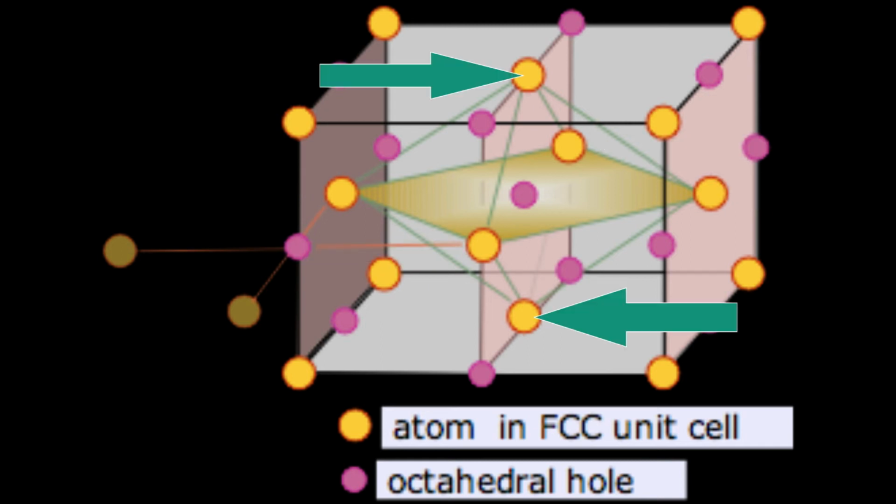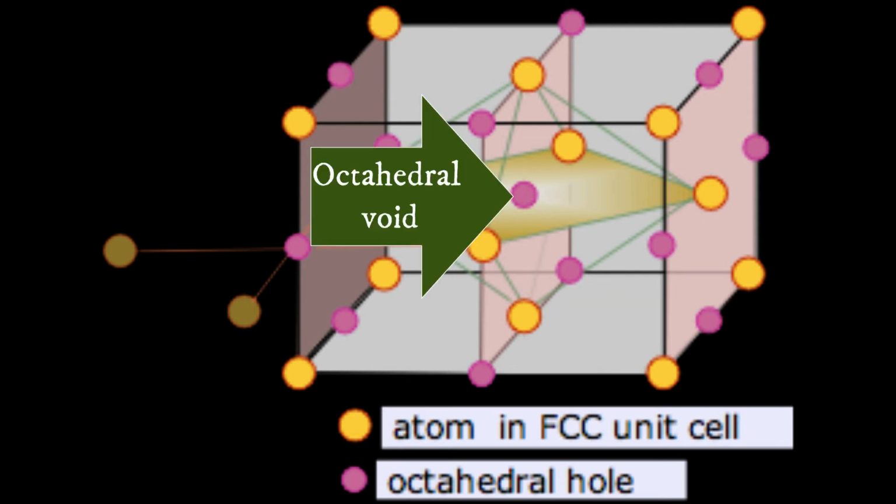And one point is in the upper face. Similarly, another atom is at the lower face. So a square, 1 up and 1 low. Total 6 atoms are surrounding that pink central atom. So the pink atom is occupying a gap. That gap is called an octahedral void.